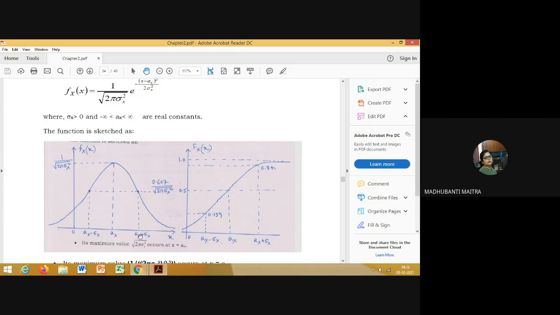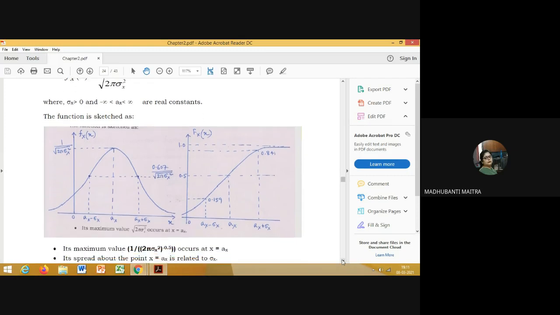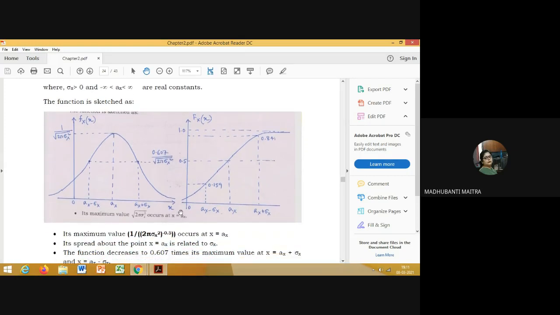That is the significance of sigma x, and when we study standard deviation and variance, we'll learn that sigma x is related to the variance of this density function. Moreover, one thing we should mention is that sigma x and ax are real constants.